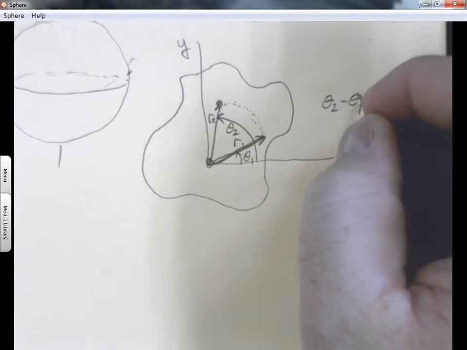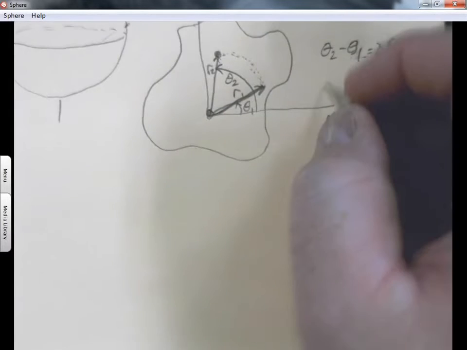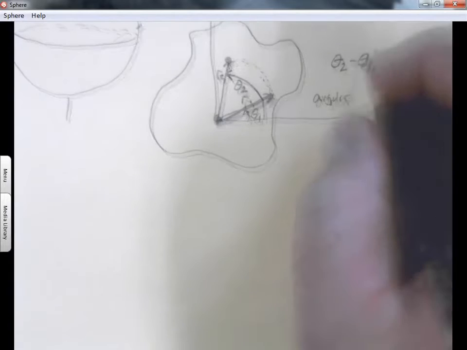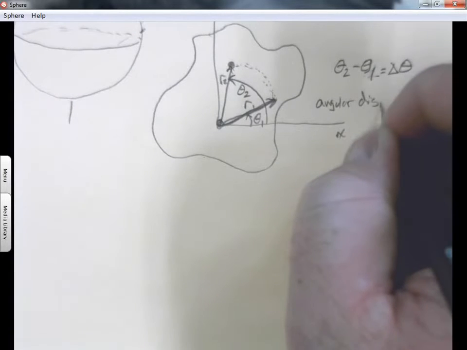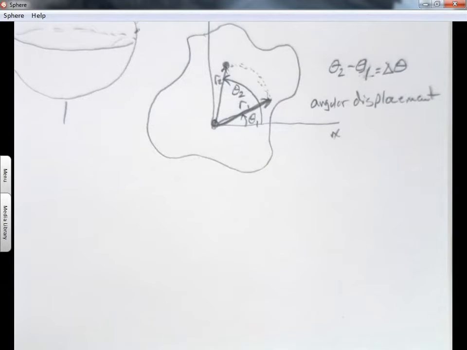Okay, and this becomes what's called our angular displacement.